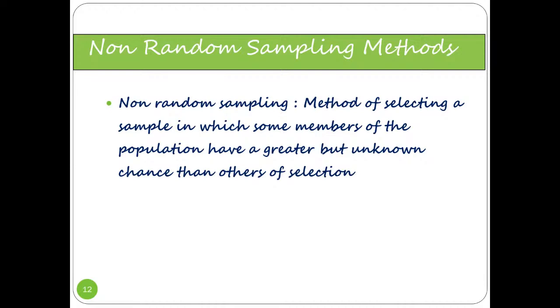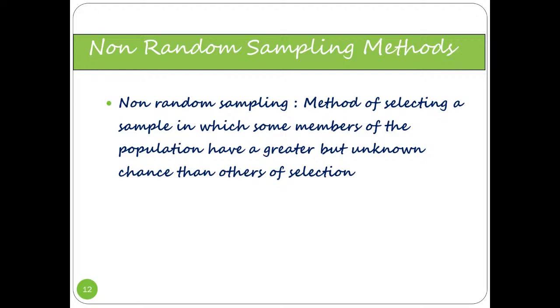So non-random sampling is a method of selecting a sample in which some members of the population have a greater but unknown chance than the others of selection. So this is nothing but there is no equal representation of the data. You will do the study based on your convenience. There are some constraints or principles which you have to follow even in non-random sampling, but there is nothing like it should be equal representation, it should be homogeneous and all.